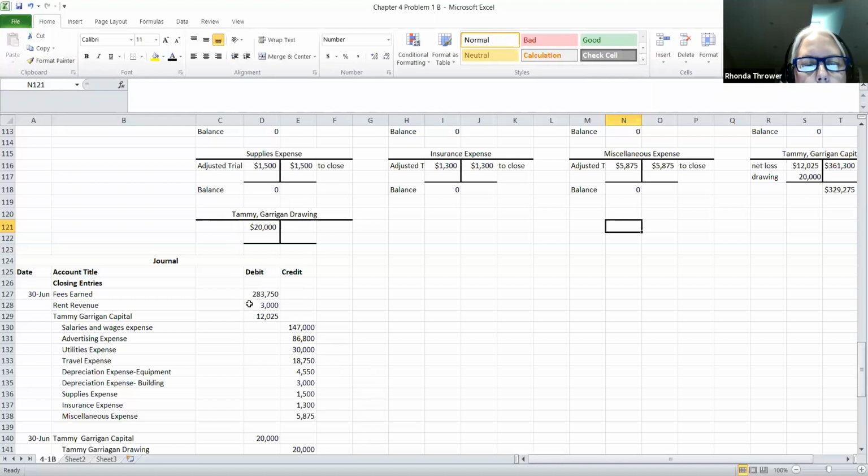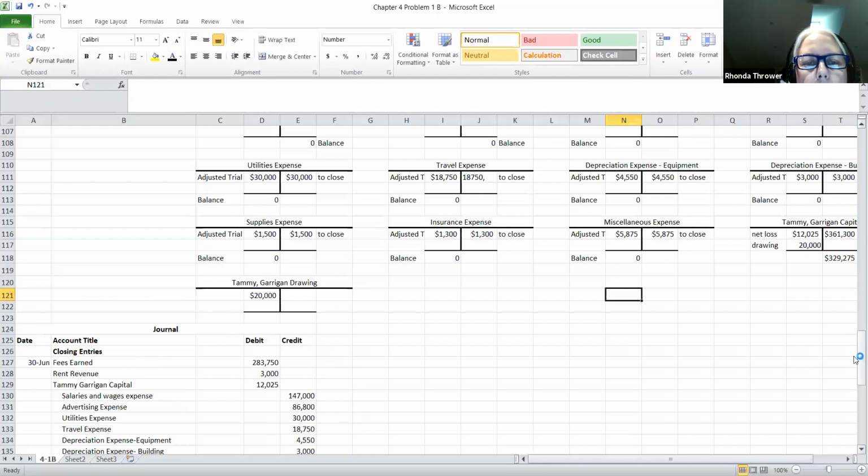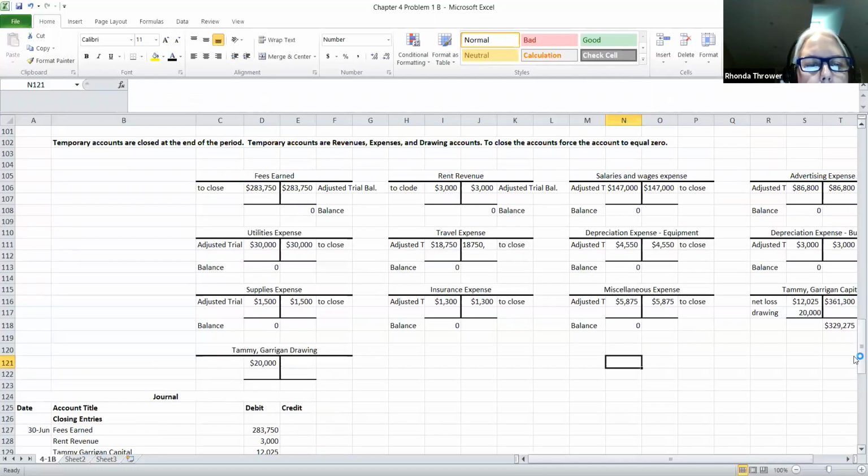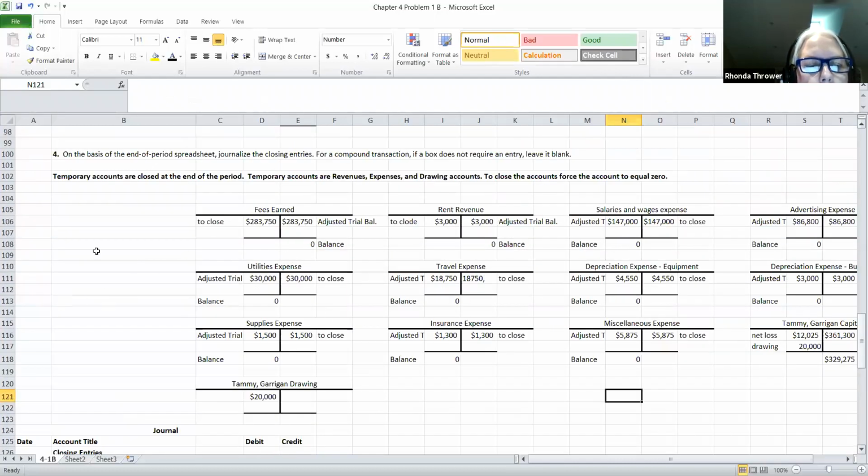Now, once you close out your revenues and your expenses, if you look at it, your total debits and credits wouldn't balance in the journal. So you have to have a balancing entry here where we debited our capital for the amount of the net loss. So in other words, when you do closing entries, your income statement is disappearing.